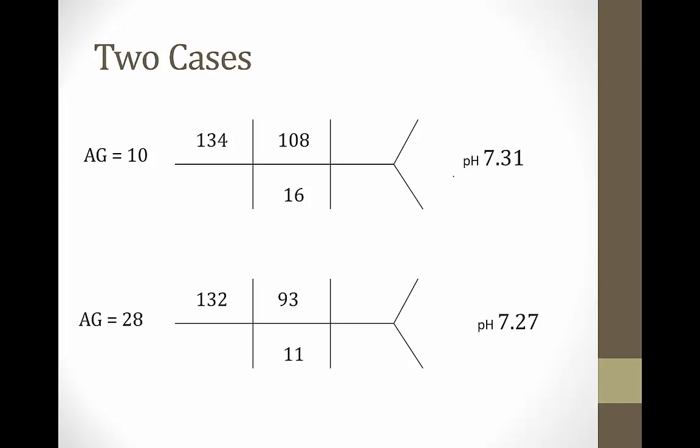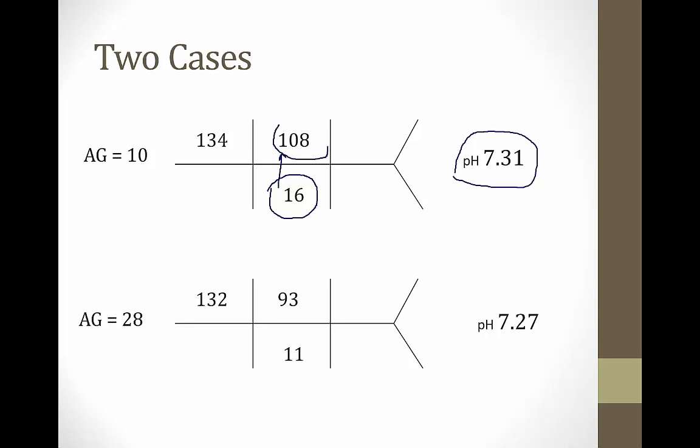The first one's at the top here, and you see that the pH is 7.31, and that's reduced, so we're dealing with an acidosis. So the first thing I do is look at the bicarb. The bicarb here is 16. That's always written in the middle of the bottom of the fishbone. So a bicarb of 16 is low. Normal is 24, so we're dealing with a metabolic acidosis. As soon as I see I have a metabolic acidosis, I just look up at the chloride.